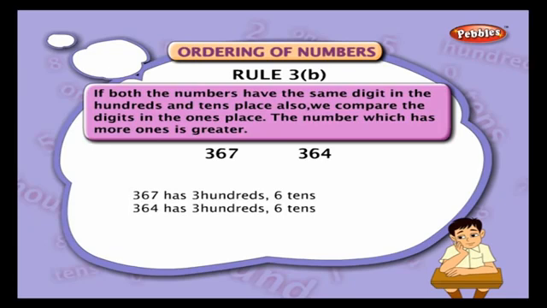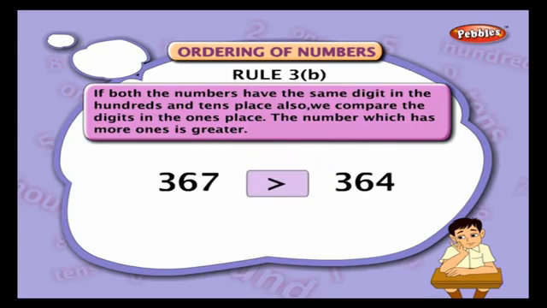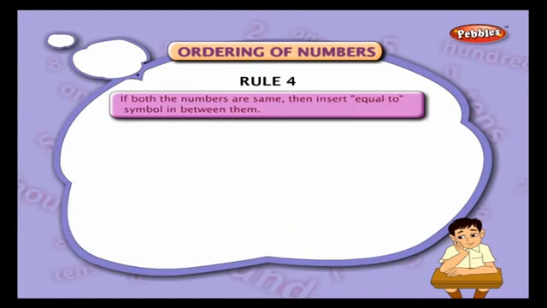So, now let us compare the ones place. 367 has 7 ones and 364 has 4 ones. Therefore, 367 is greater than 364. We write this as 367 > 364.